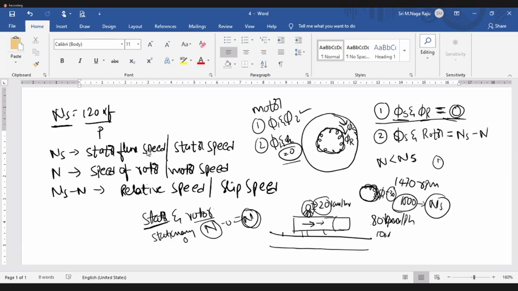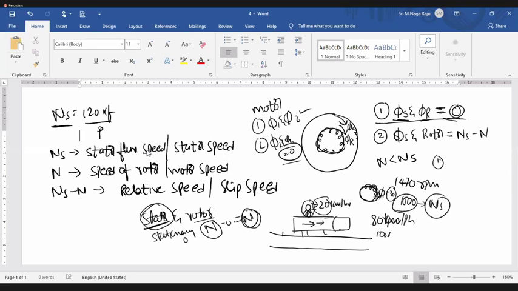Now, the second question is, what is the speed of the rotor with respect to the stator magnetic field? Here we are asking about the stator, not the stator field.